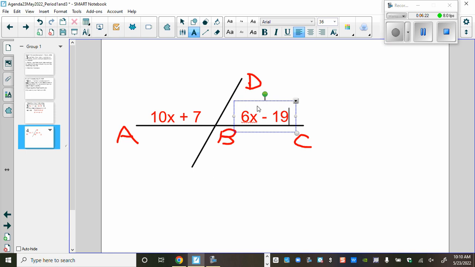I want to talk about the relationship between these two angles. What do we know about two angles which form a line? They're a linear pair. Yeah, that's a good start. What else do we know about a linear pair?